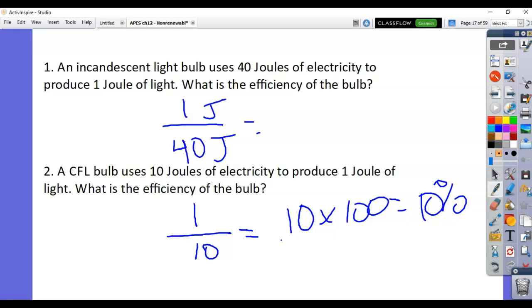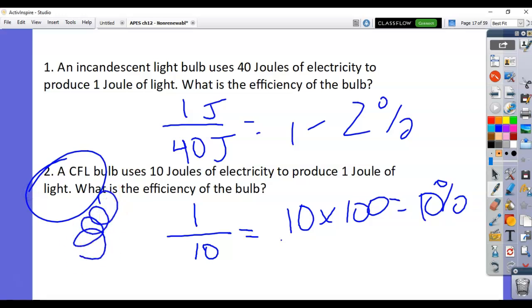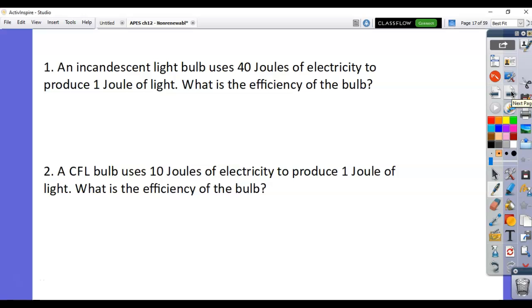Again, you've got something over here that's like 1 to 2% and 10%. So which is more efficient? This guy, compact fluorescent. These are the curly Q light bulbs that you see. And this is a regular light bulb, like the old-fashioned ones. So that's all you have to do to figure out energy efficiency problems, okay?